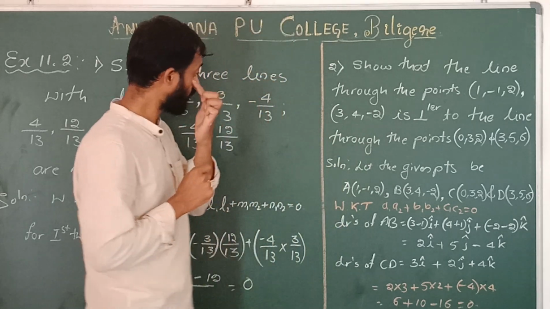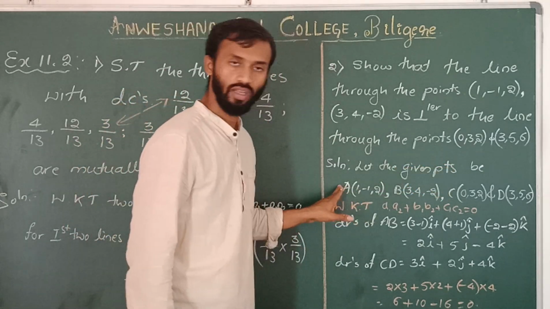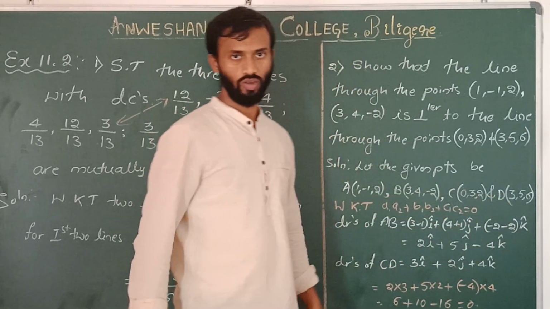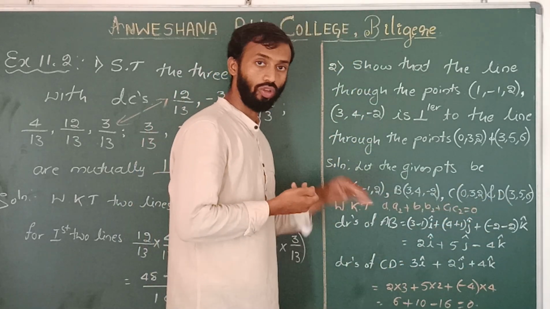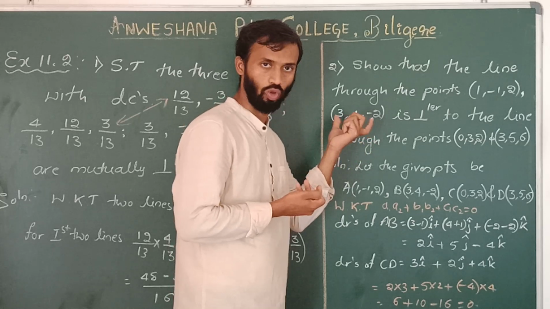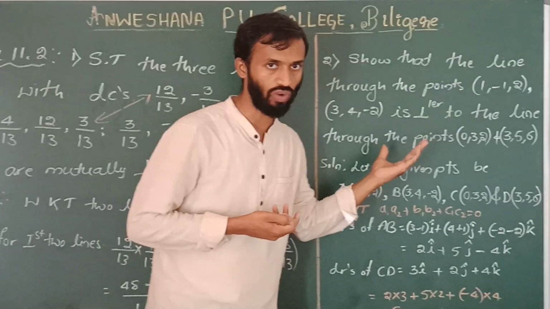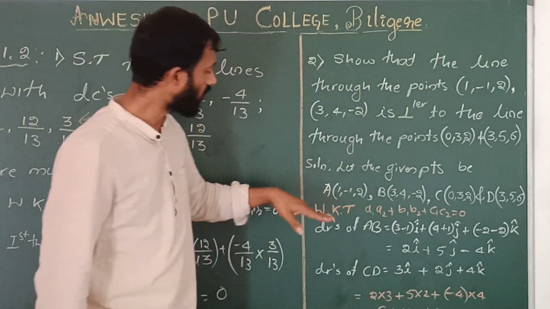Okay, so now let the given points be A, B, C and D. They have given the points of each line, so I first need to find the direction ratios of the given lines. First let me find the direction ratios of AB.